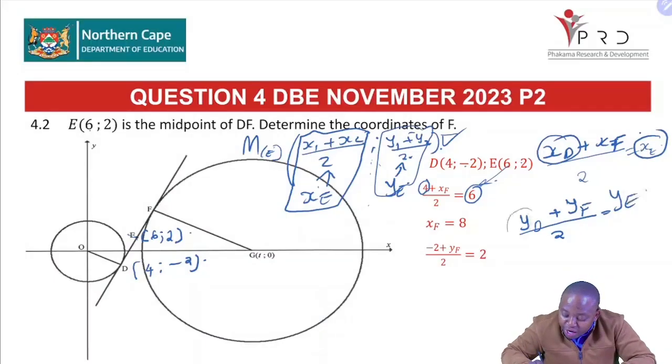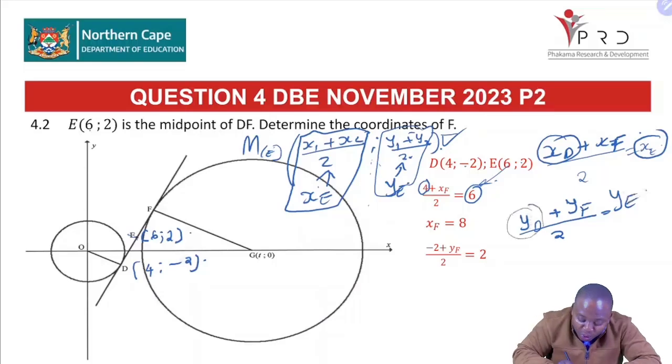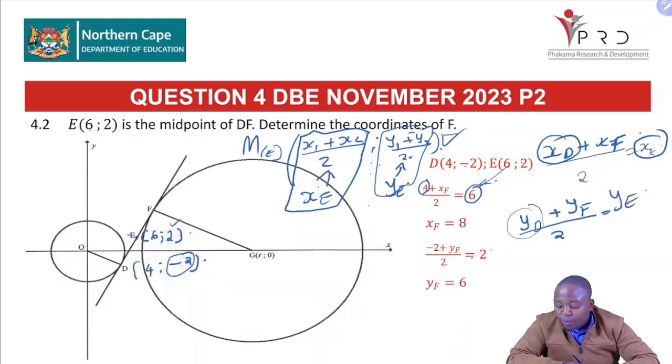The y coordinate of D is -2, plus the y coordinate of F that I'm looking for, all over 2, is equal to the y coordinate of E, which is 2. Then I solve for the y coordinate of F, which is 6 in this case. Therefore, our F is (8; 6).